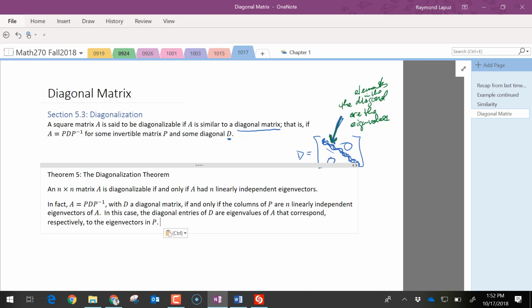So it's going to be a matrix of eigenvectors. The diagonal will be the eigenvalues. And remember that for this to be similar, we need an invertible matrix P to multiply on either side. And it turns out that the matrix P that we're looking for is made up of the eigenvectors from the eigenvalues.